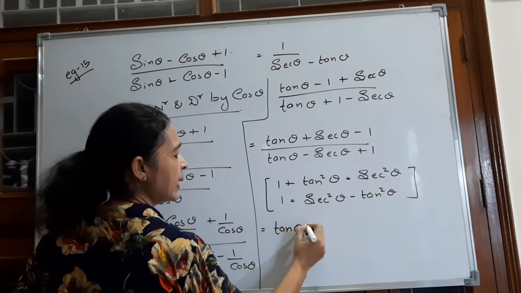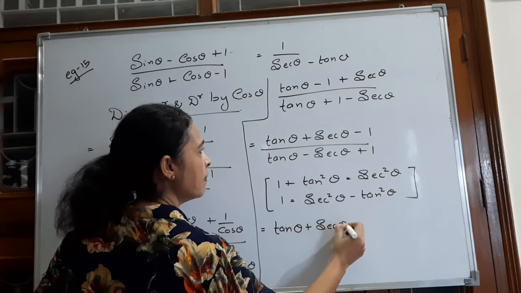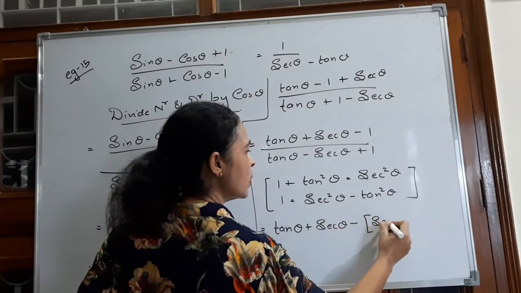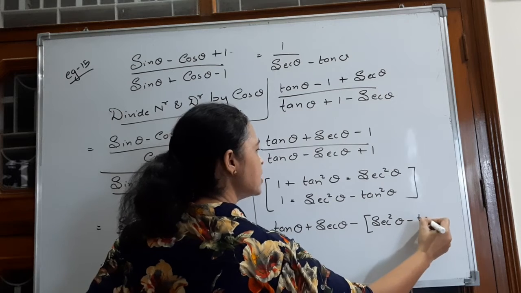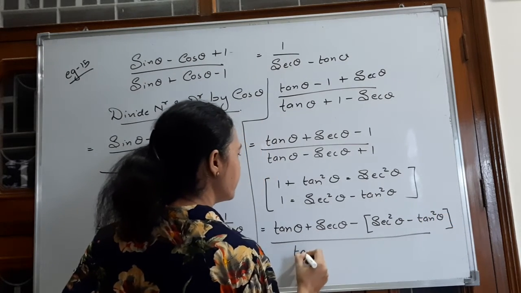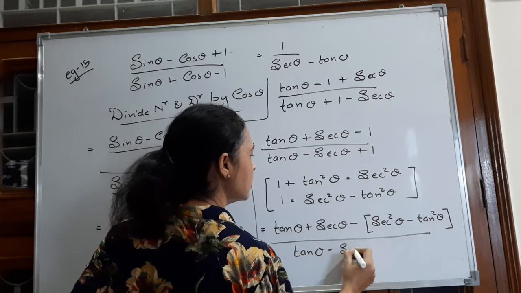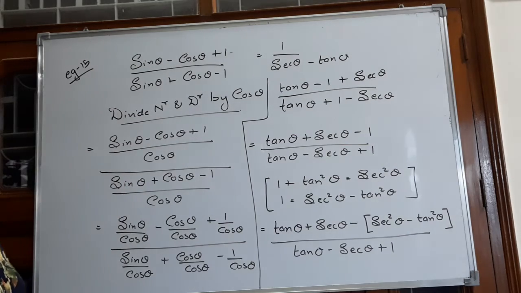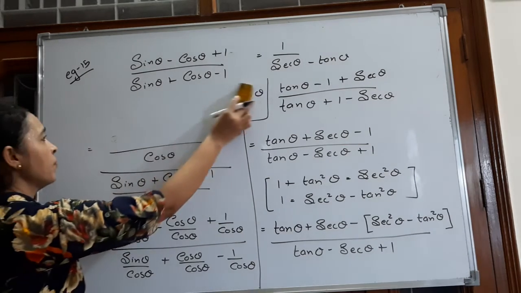Now we have tan theta plus sec theta minus, in place of 1, sec square theta minus tan square theta, upon tan theta minus sec theta plus 1. Beta, pause the video and note it down. I am rubbing from here.